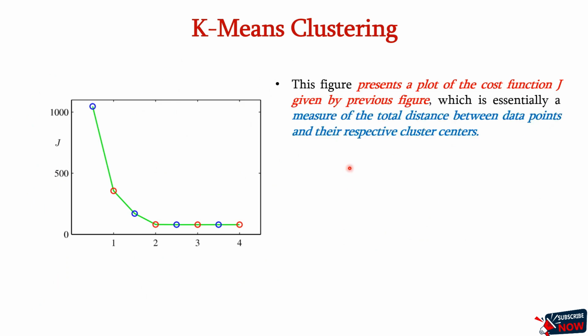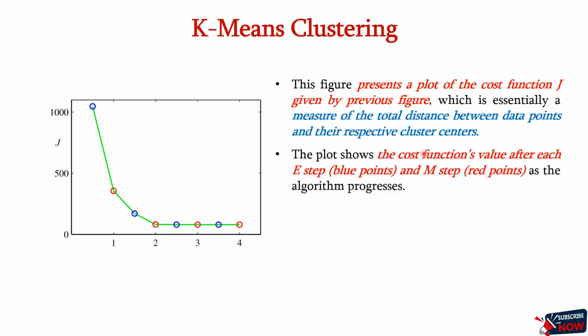This figure presents the plot of the cost function J given by our previous illustration, which is essentially a measure of the total distance between the data points and their respective cluster centers. This plot shows the cost function's value after each E step and M step. Here the E step is represented using blue points and the M step is represented using red points, as the algorithm progresses.